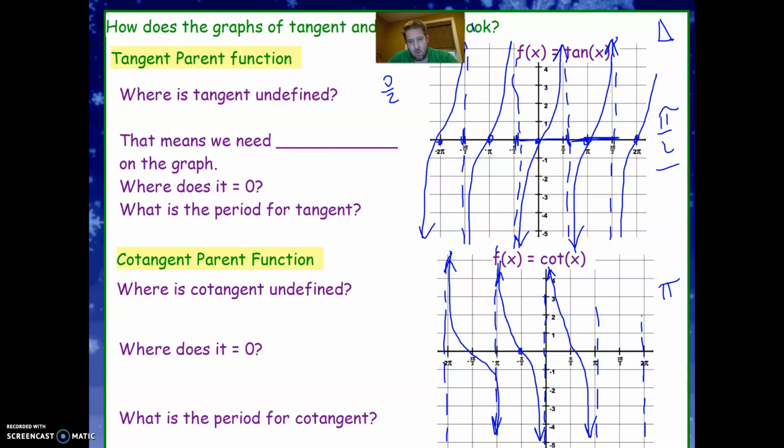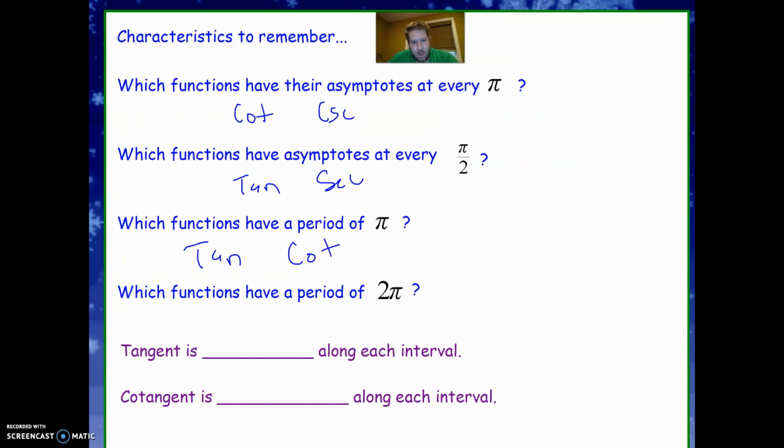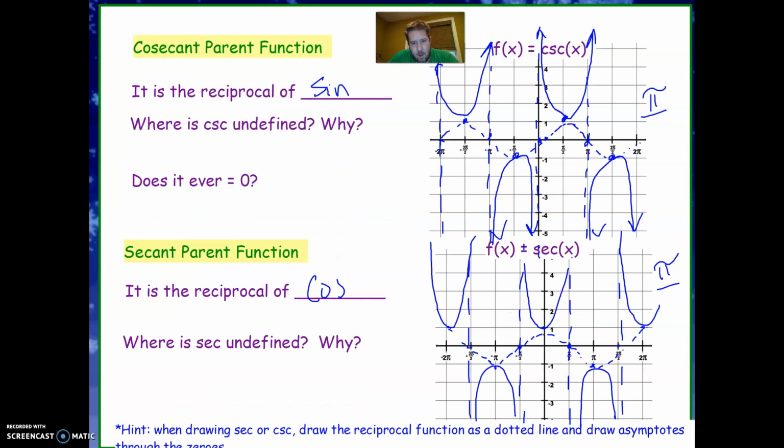Here to here is 1 pi, and then all of the others take 2 pi. So sine and cosine, as you know, take 2 pi to complete one full cycle. And if sine and cosine do, then so do cosecant and secant, because these are just reciprocals of these. So obviously if these are every 2 pi, then so are these as well.